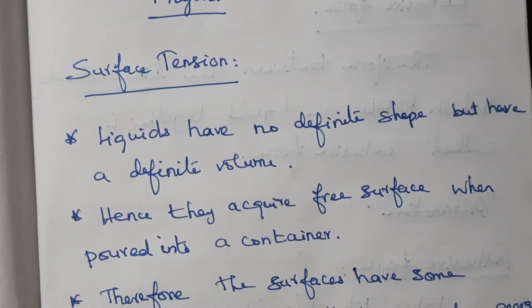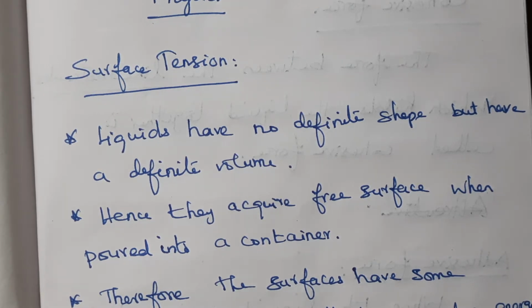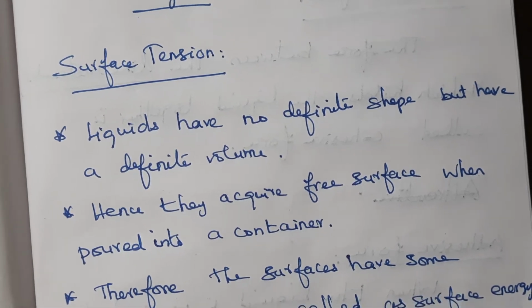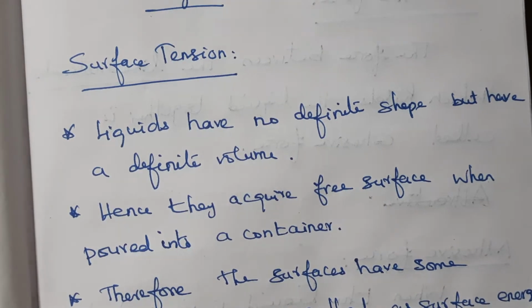When we pour more water beyond the surface of the tumbler, the water falls. But up to a certain limit, the water at the top surface is in stable equilibrium. That is actually due to the surface tension. Let's see that.